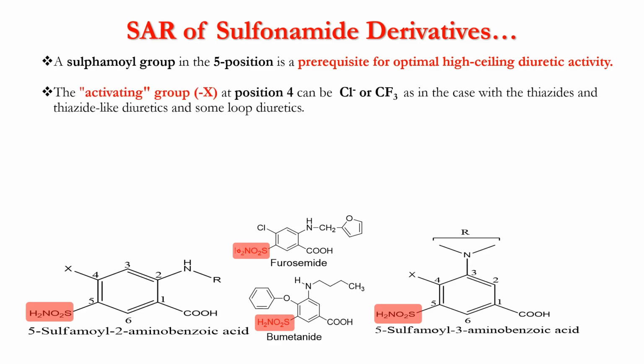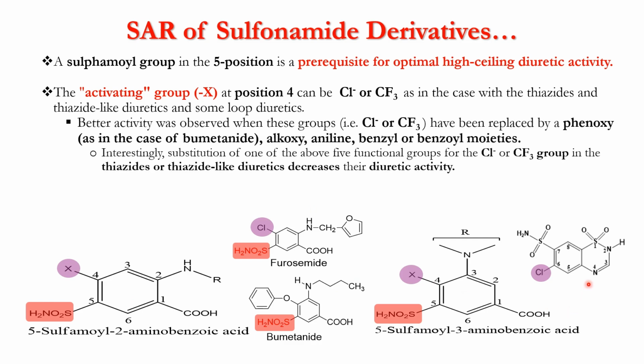The other is the one found at position 4 in both cases, that is X. X contains dominantly chloride or trifluoromethyl substituents, which is similar to the thiazide and thiazide-like diuretics. Here we have chlorothiazide, which is a thiazide diuretic. It also contains chloride ortho to the sulfonyl group, which is similar to the loop diuretics.